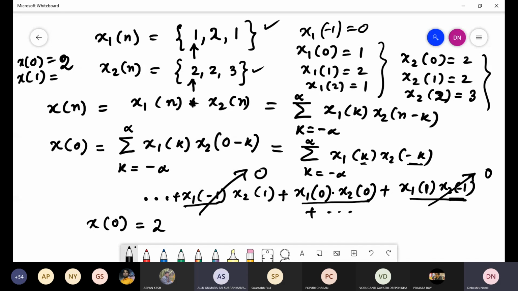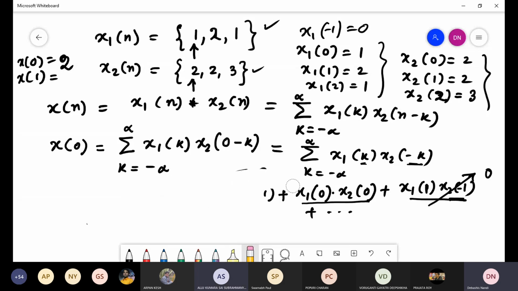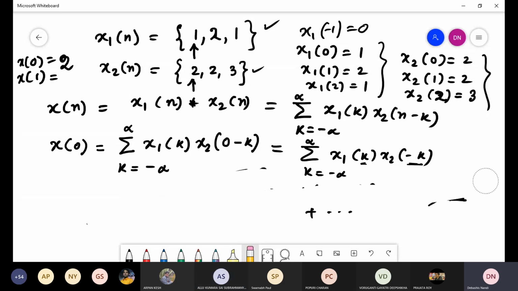Okay, so if you want to find out x[1], then what to do? This is the basic procedure. Then you can simplify this procedure. One simplest technique is there by which you can very easily find out the convolution summation result.